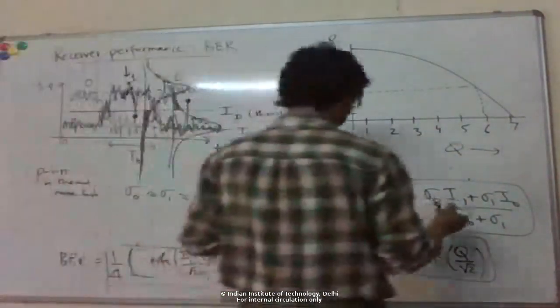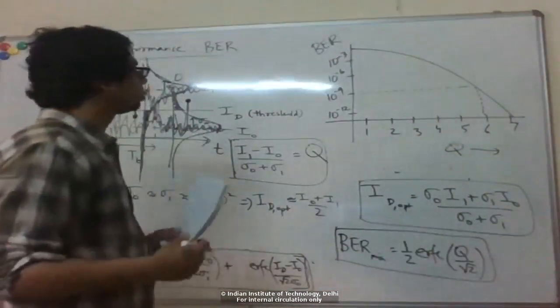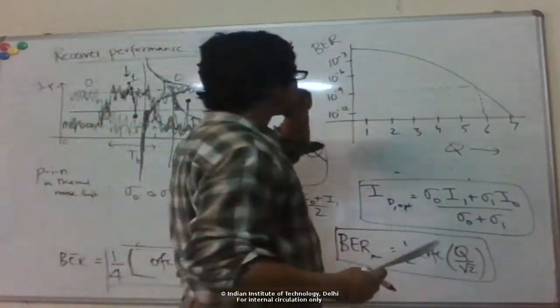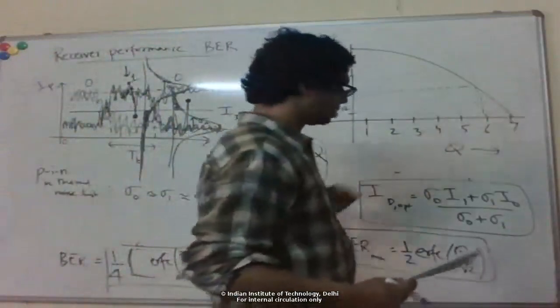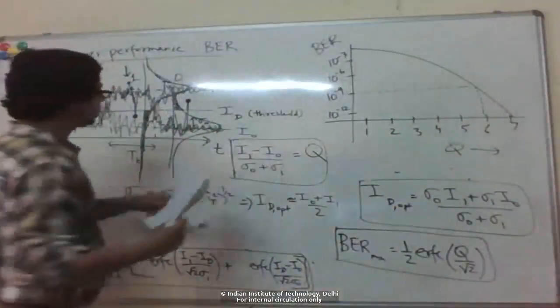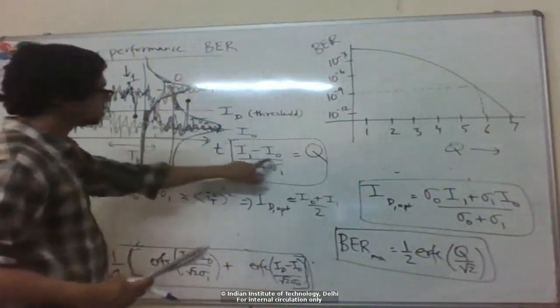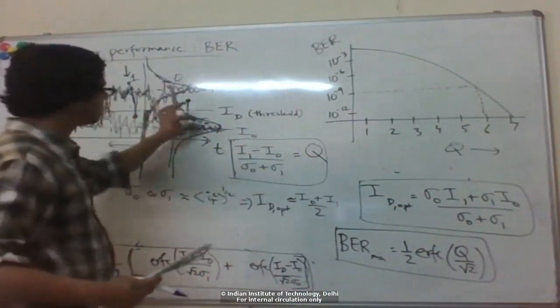So for BER less than 10 to the minus 9, you want Q above 6. And Q, recall, is this. So you want the difference in the currents here to be 6 times the total noise level.